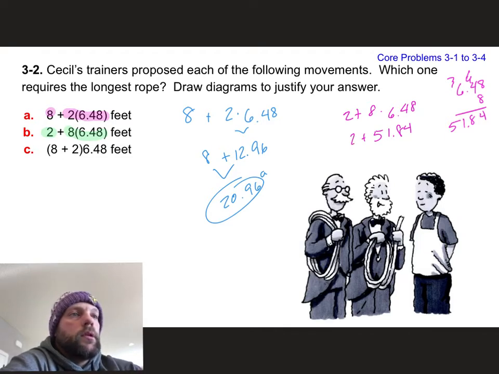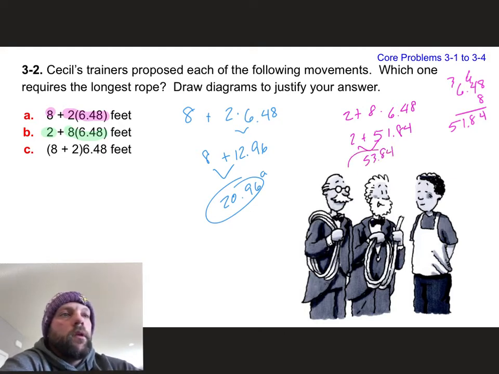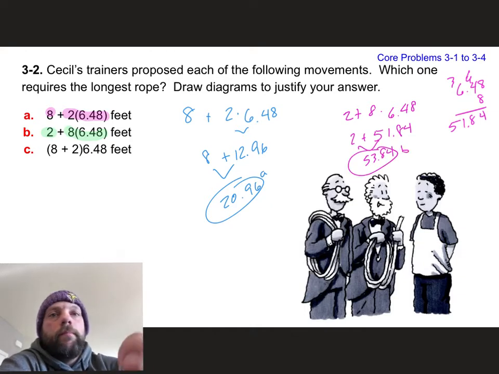So 2 plus 51.84 is going to give me 53.84. Okay, so there's my answer for B.